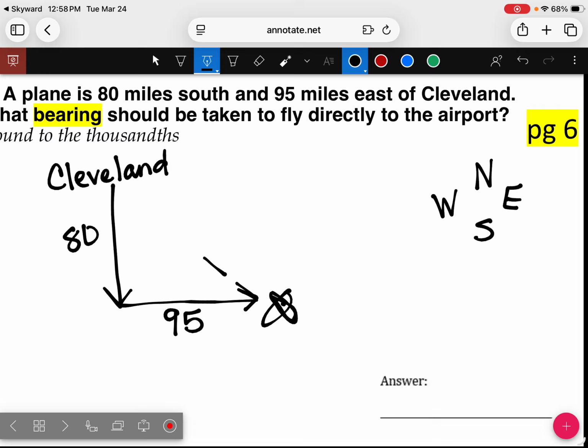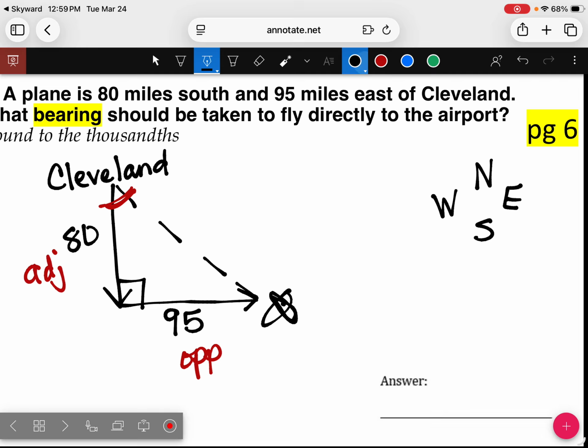If it's going to head back, you have to remember, a bearing would not be the angle that we're trying to find. It would be this angle. This is the angle I'm trying to find at the top. Find the angle next to Cleveland. So right here, is 95 opposite, adjacent, or the hypotenuse? 85 is adjacent.